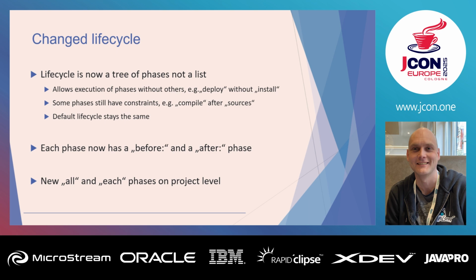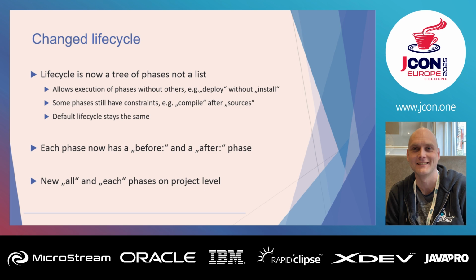This is all gone, all the pre and post phases are gone, and every lifecycle phase now has a clear before and after. And in addition to this, on project level, we also get an all and each, including before and after all, including before and after each phase.